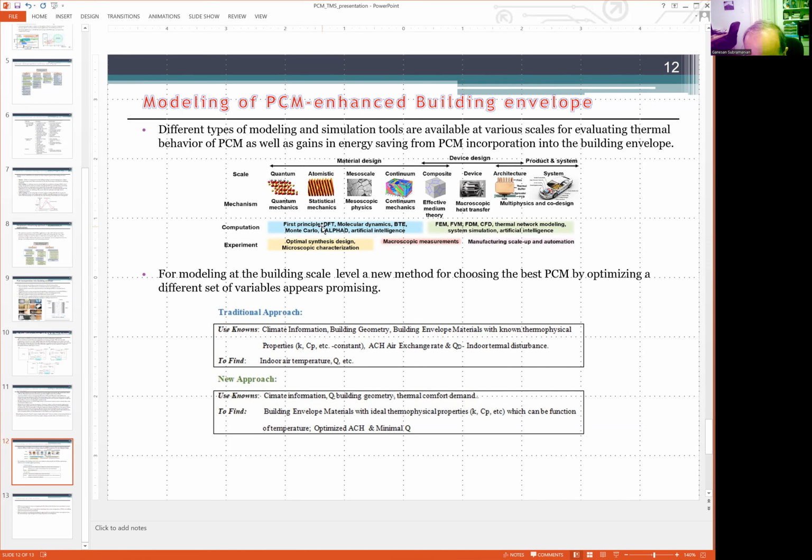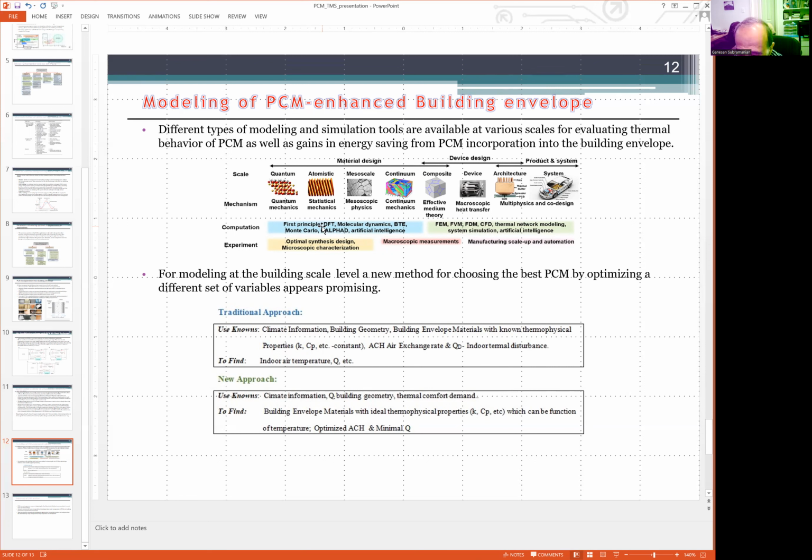And then you have various experiments for characterization. And when you go to the device design, you can have tools that use effective medium theory or basic material and energy balances, like the finite element methods, finite volume methods, system simulation, and again, artificial intelligence.